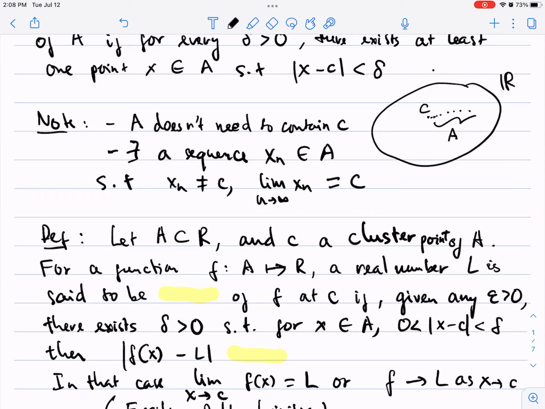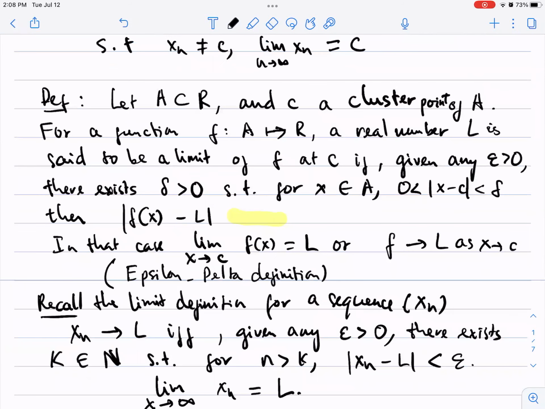A real number L is said to be a limit of f at c if, given any epsilon bigger than 0, there exists delta bigger than 0 such that for x in A and 0 smaller than the absolute value of x minus c smaller than delta, then the absolute value of f(x) minus L is smaller than epsilon.